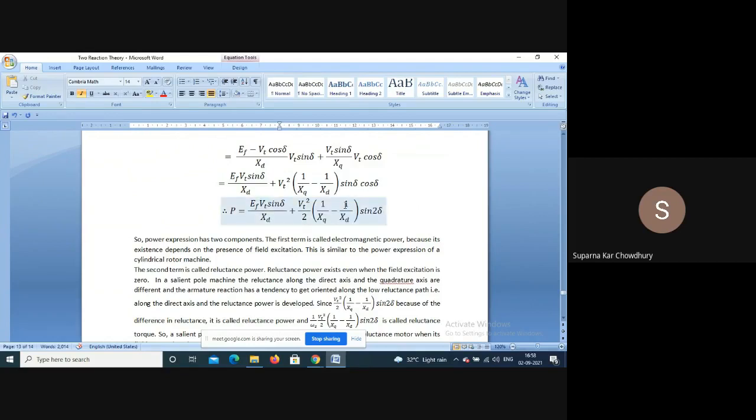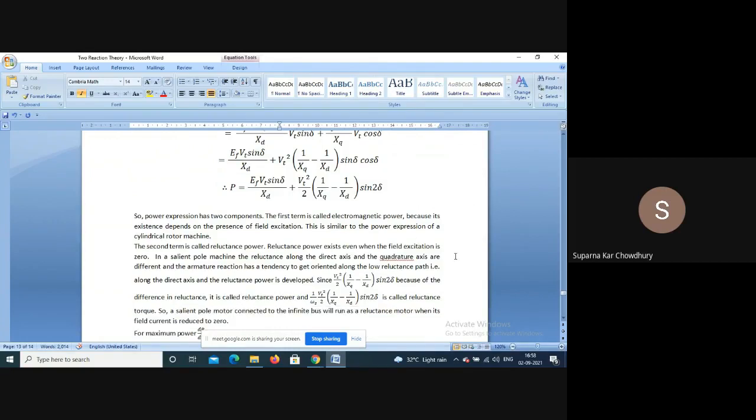The reluctance power is developed by the machine due to the difference in reluctance in the direct axis and quadrature axis. So from the expression you can see that even if the field excitation is 0, some amount of power, equal to the reluctance power, is developed by a salient pole machine.